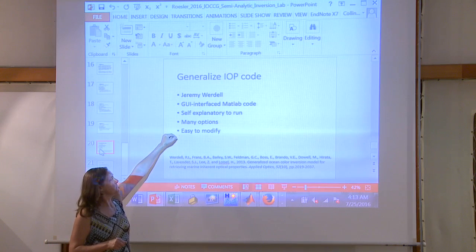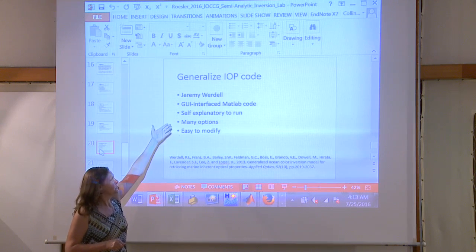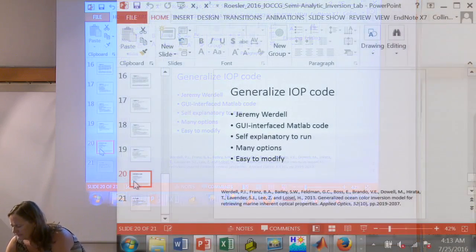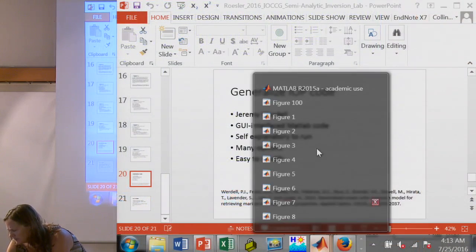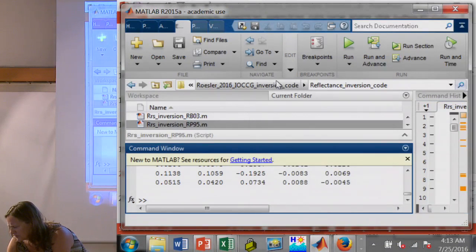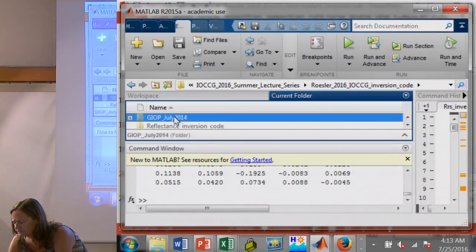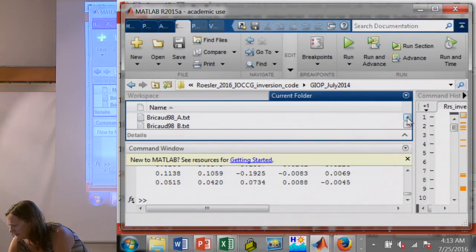This is the one from Jeremy Werdell. It's really self-explanatory to run, and there's many options, and it's really easy to modify. So what you're going to do is go over to the GIOP folder. And you can't see it here because my screen is all squished. But basically, there is run GIOP.